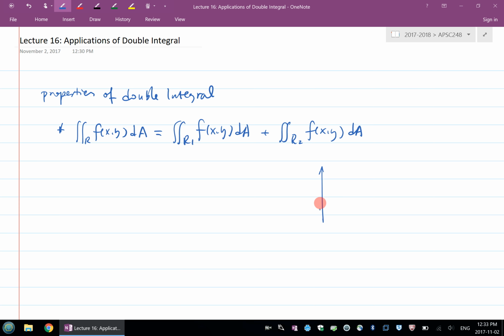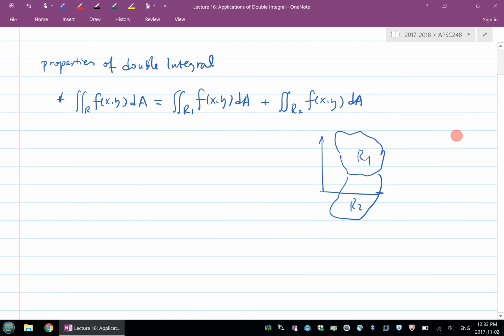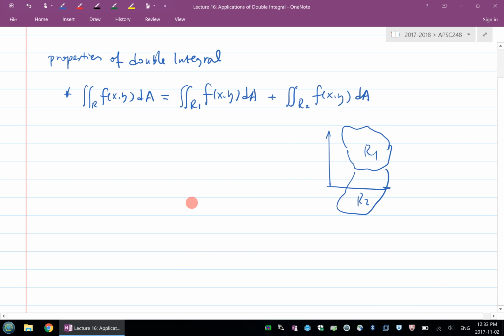Often you need to identify for yourself how you would separate the original region R into two pieces, or even more than two pieces. So this is the additive property, or integration by pieces.